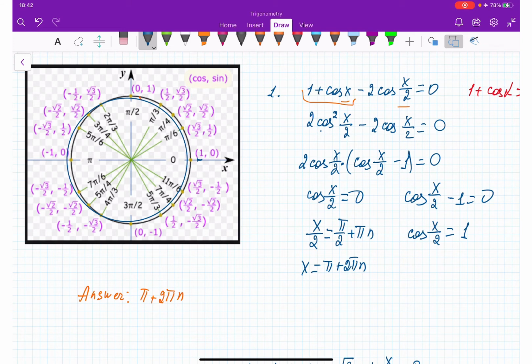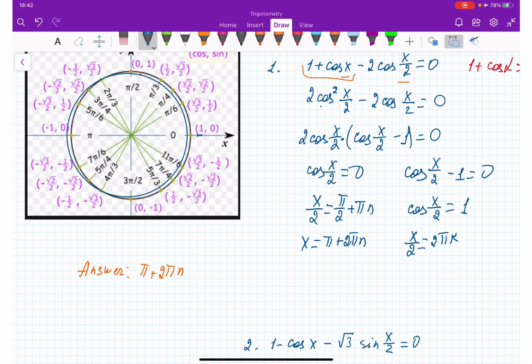So x over 2 is equal to, we don't put 0, we just put 2 pi n, or k. Okay, we put k this time. And x from here is going to be equal to 4 pi k. So the second answer is 4 pi k. All right, moving to the next problem.